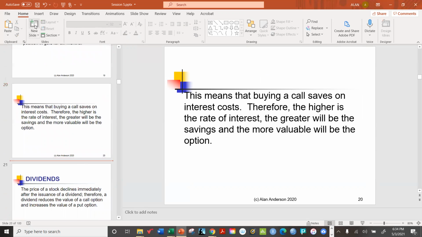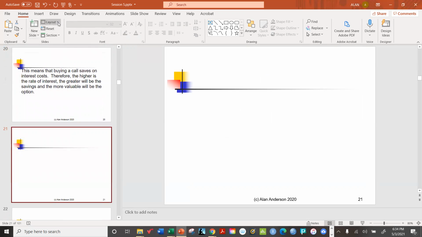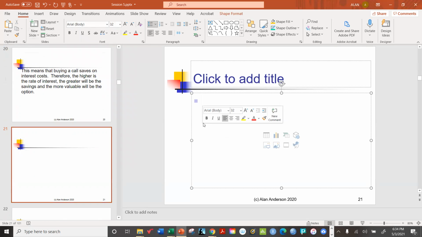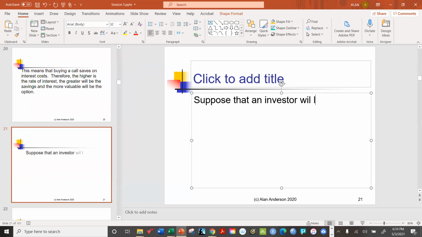On the other hand, with a put, what's happening with a put? Suppose that an investor will need to sell gold in 6 months.